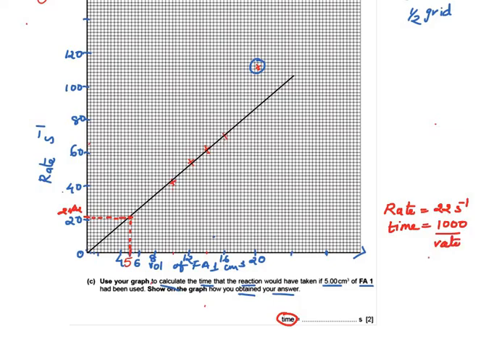So it should be 1000 divided by 22, and the answer is 45.45, and we can write it as 45.45 itself, because here we don't need to round off the seconds. So here is our answer, where we need to show the extrapolation, as it carries 2 marks. Extrapolation has a mark, and the correct timing with the formula applied gives you 1 more mark.